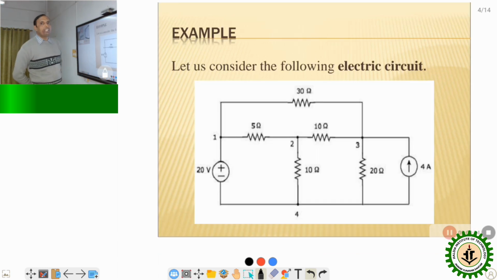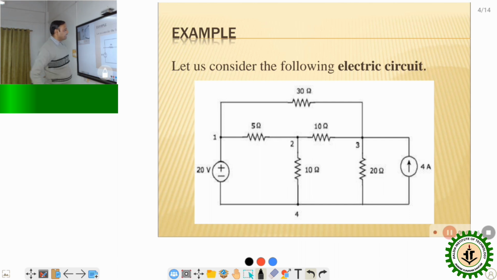This is one example, and in this circuit we are observing a total of 4 nodes: node 1, node 2, node 3 and node 4. In between these nodes the branches are connected.